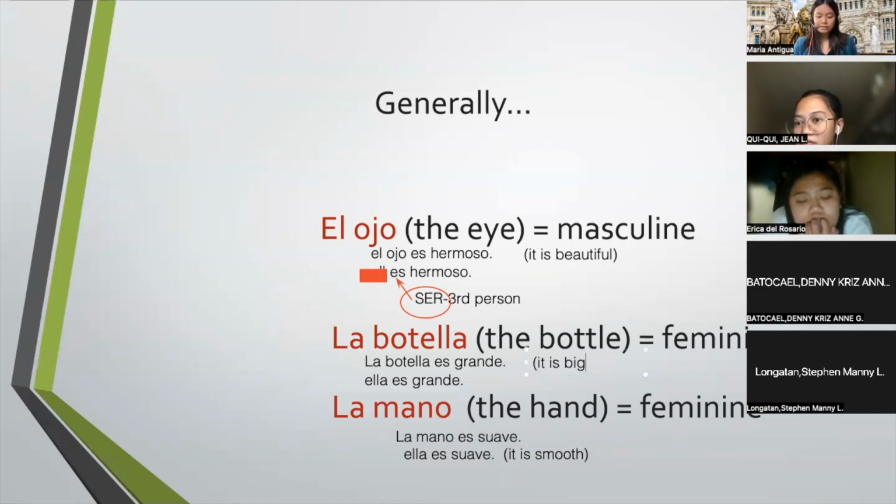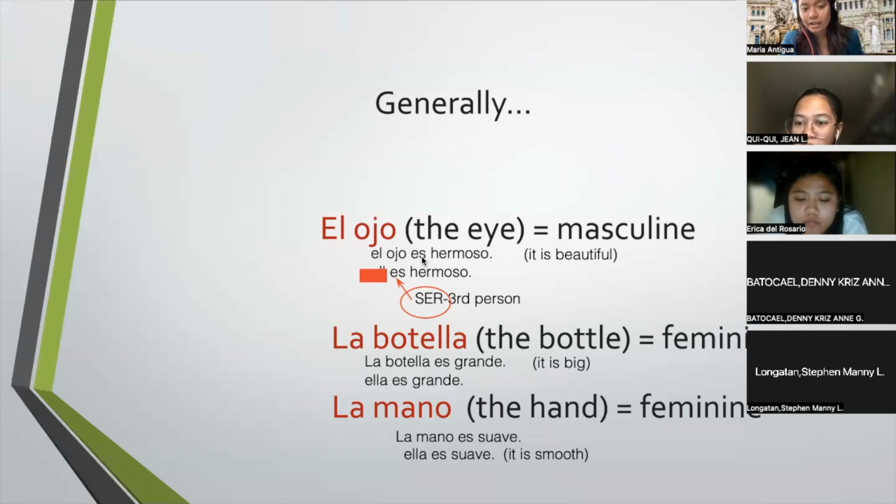It is big. Did you see this explanation or this principle? Kahit it yung gamit mo in English, it, you have to know the gender of that noun. Kasi it follows that yung magiging pronoun niya is dapat correct gender, right?